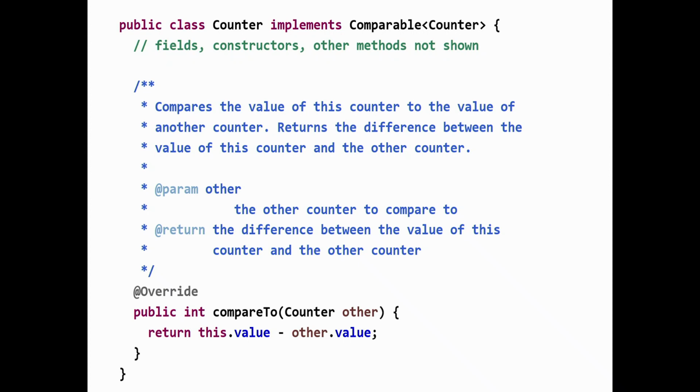For example, if this value is integer min value and other value is 1, then I take the smallest integer value and subtract 1, that overflows, and I end up with the largest integer value. You now have a compareTo method that returns a positive integer when this value is less than the other value.